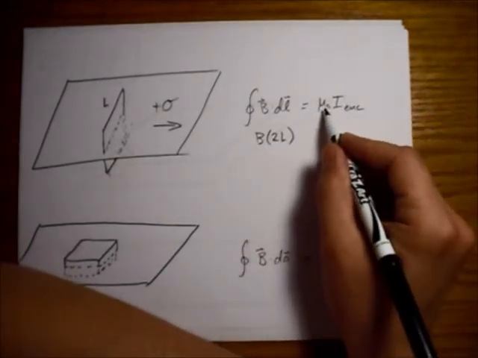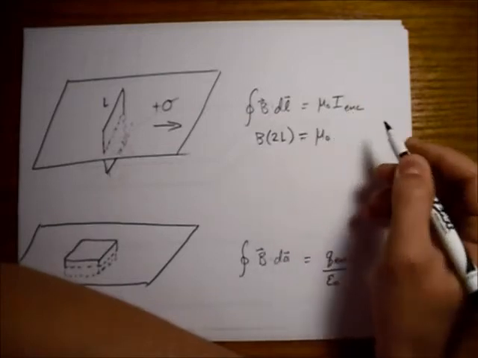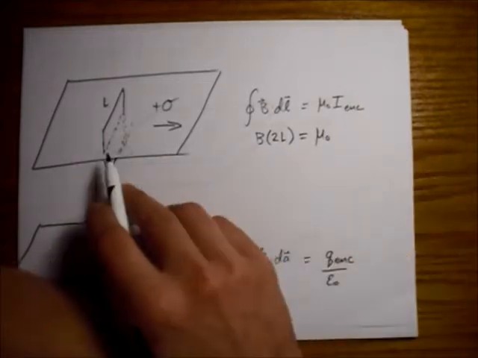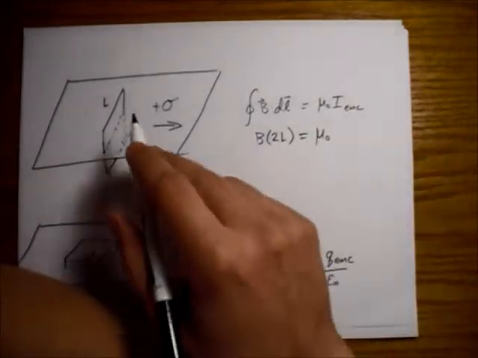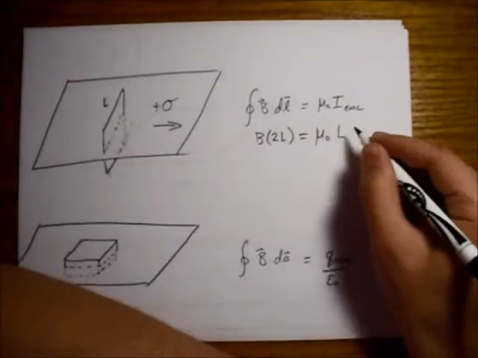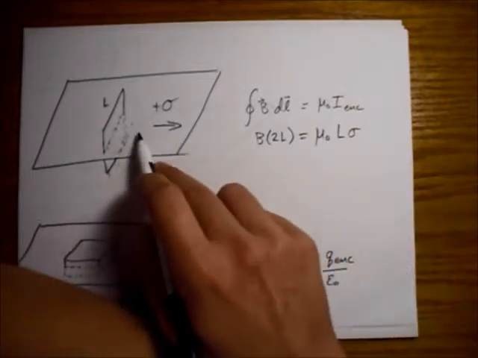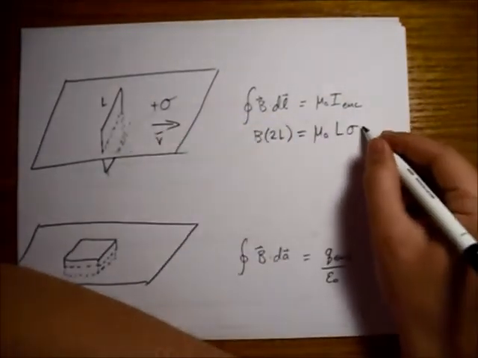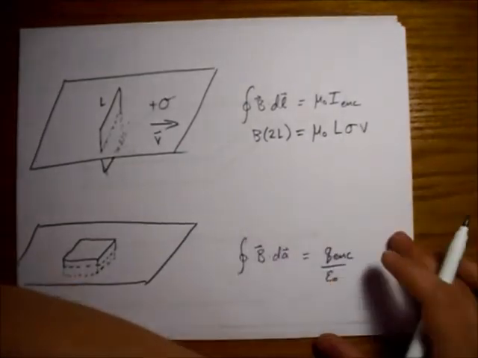So we have our permeability of free space here. What is the enclosed current? Well, that would be L multiplied by sigma multiplied by V, or we'll just use the speed in this case.